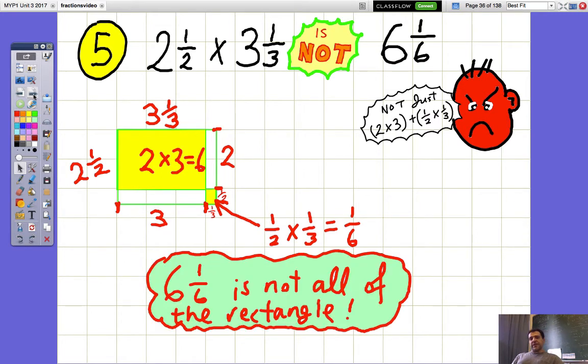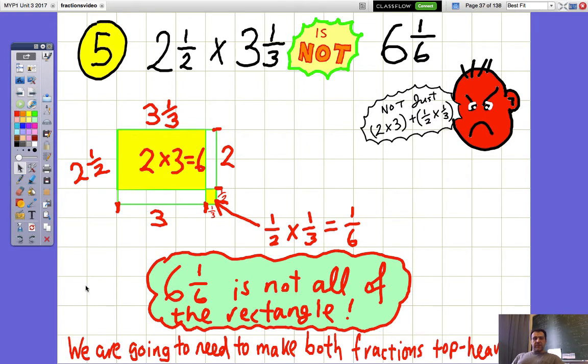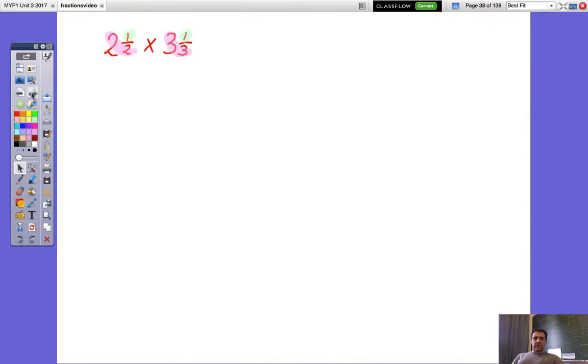So what you need to do for these, you need to make both the fractions top heavy first. We are going to need to make both fractions top heavy. So we'll just do this the way I'd set it out. So you've got 2 and a half times 3 and a third. I want to make that top heavy.